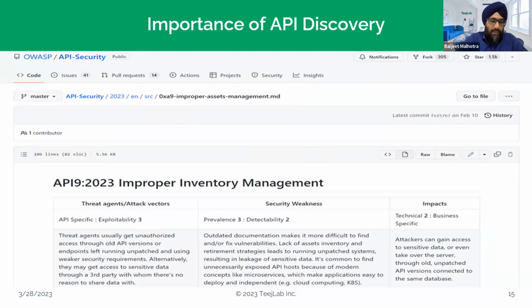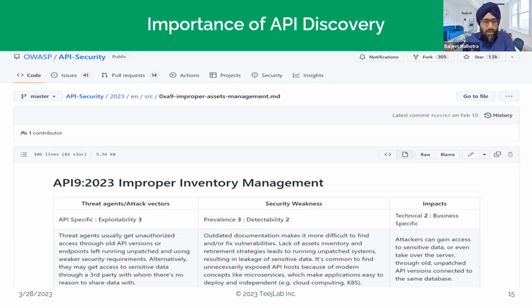So you can see the importance that the community is giving to discovery. You can call it whichever name you want, inventory management, but the idea is you need to find your APIs. You need to find your APIs across your products and services. And those hidden APIs are the challenge.